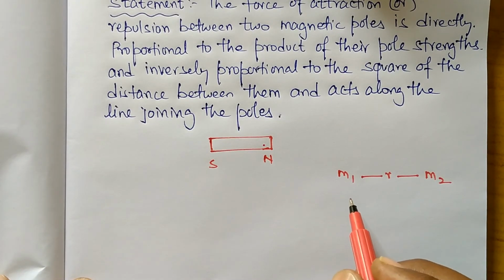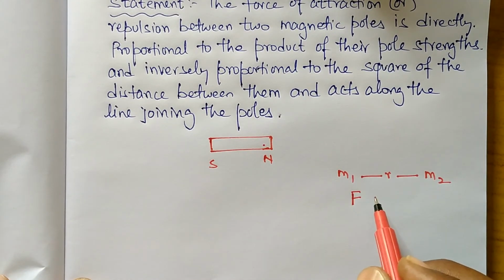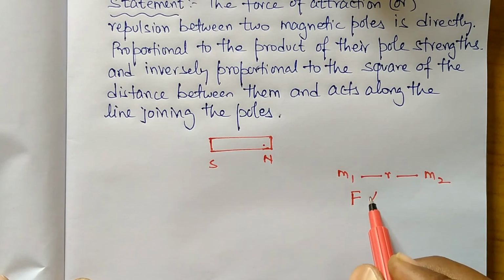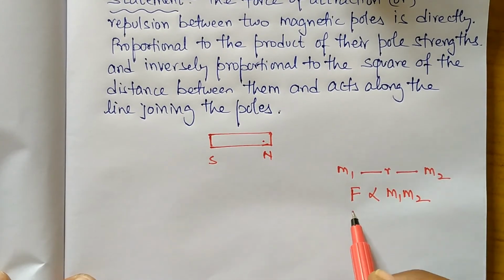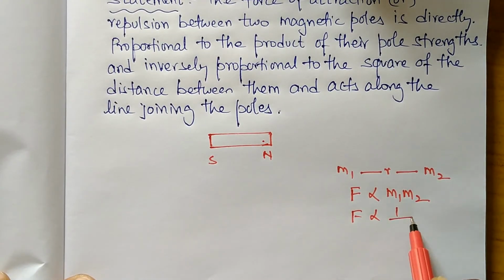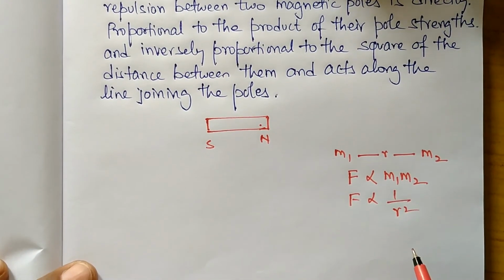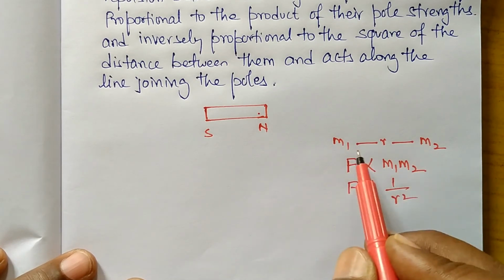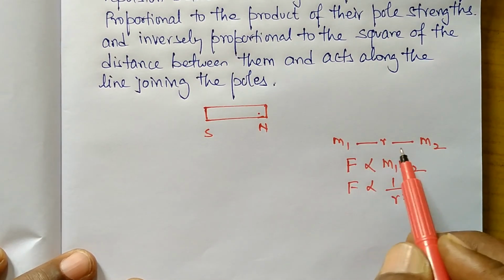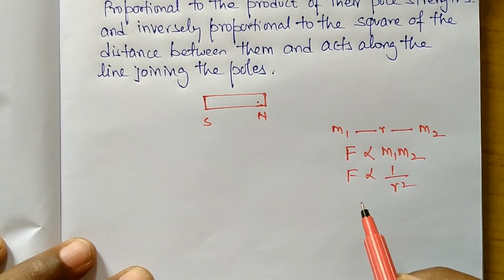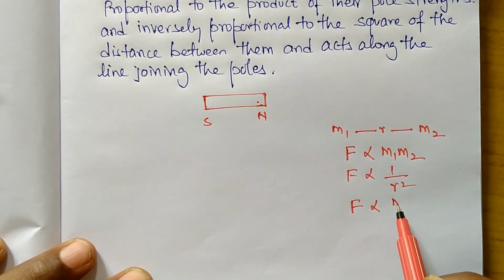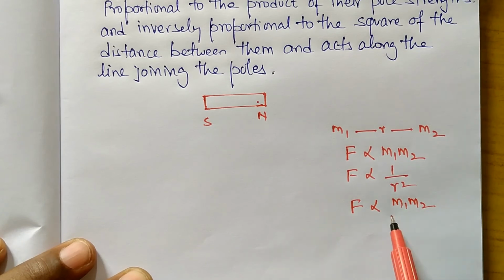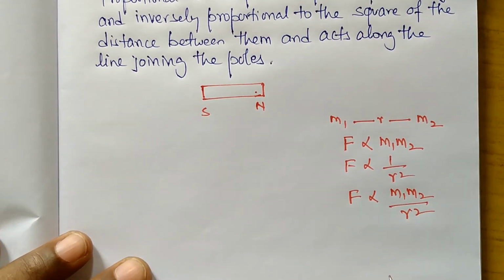According to Coulomb, the force of attraction or repulsion is directly proportional to the product of their pole strengths and inversely proportional to the square of the distance between them. That means if the distance between the poles increases, the force decreases. Therefore, by combining these two statements, we get F is proportional to M1 M2 by r square.